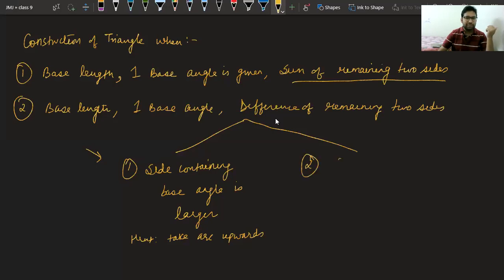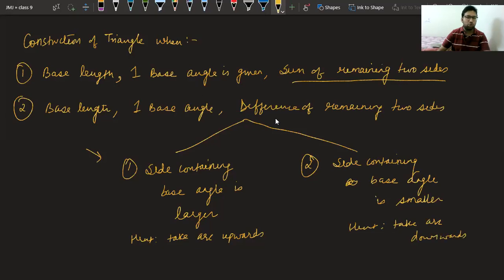And the second case is side containing the base angle is smaller. The hint here is take arc downwards. I will explain all this tomorrow.